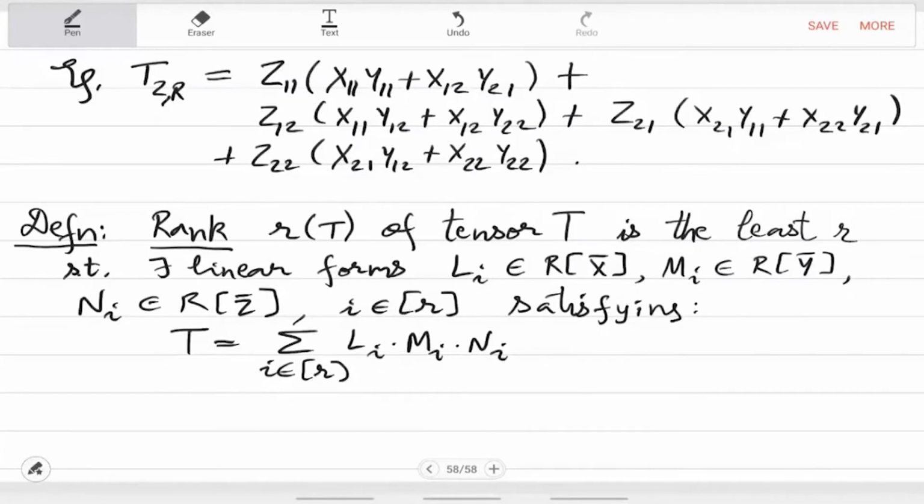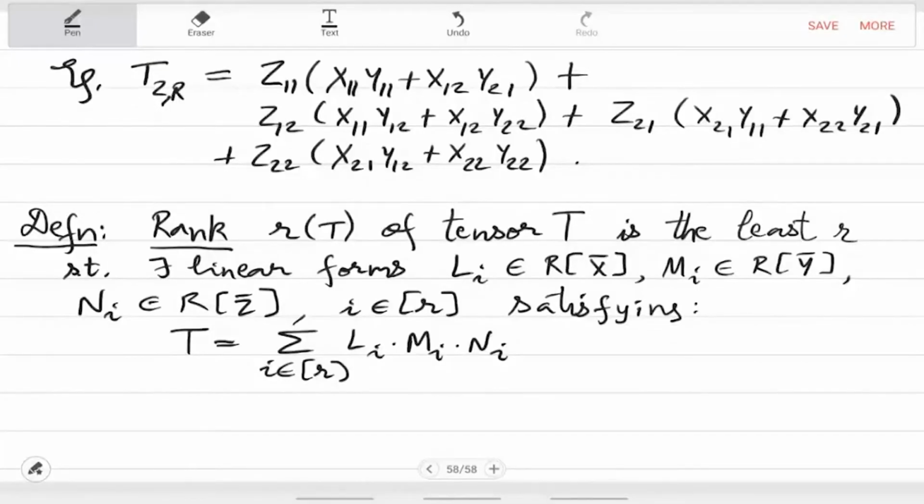If you have order 4, then you will have 4 variable families in the partition, let's say W bar, X bar, Y bar, Z bar, and you have to decompose it into a product of 4 linear forms, maybe K_i, L_i, M_i, N_i.